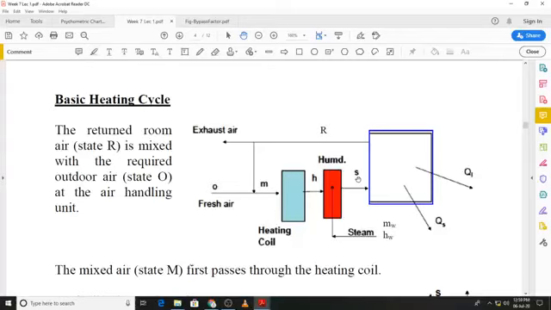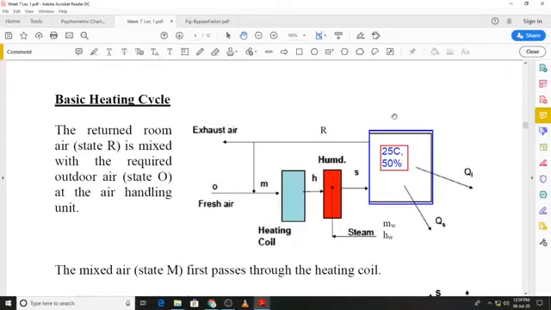So when we supply air to the conditioned space, let's say the temperature we want is 25 degrees C, and the relative humidity we want is 50%.